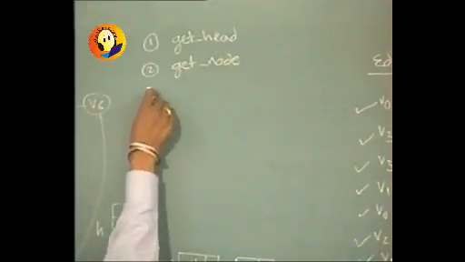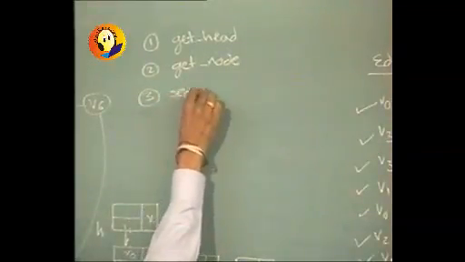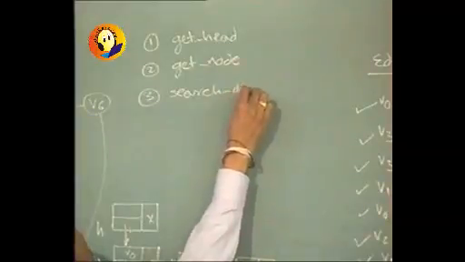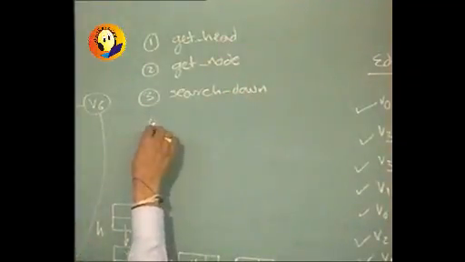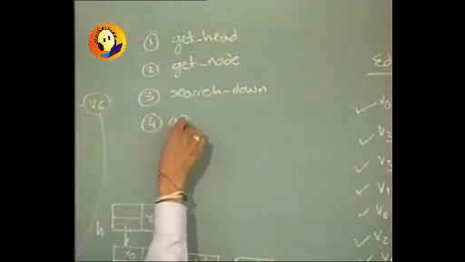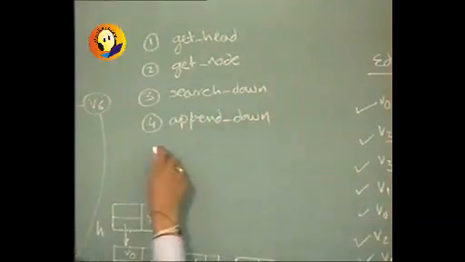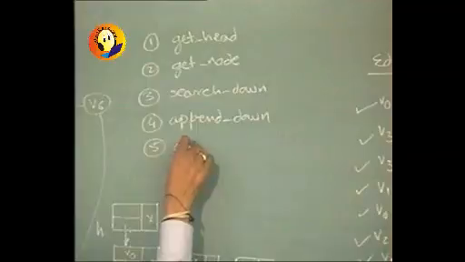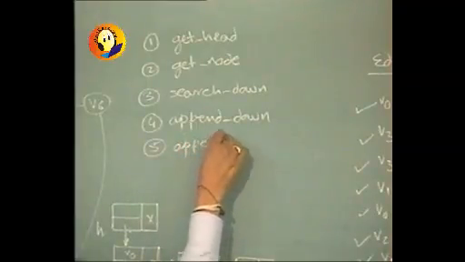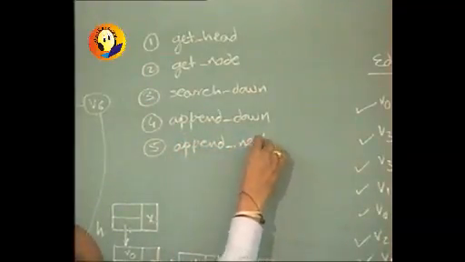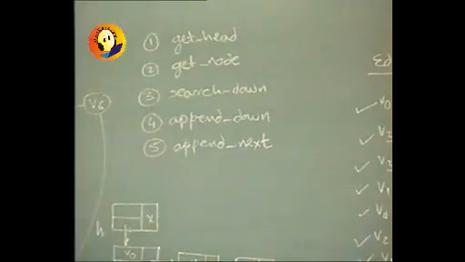Then you are required to search in the down list. You are required to append the down list, and you are required to append the next list. This is how we have already discussed the algorithm.